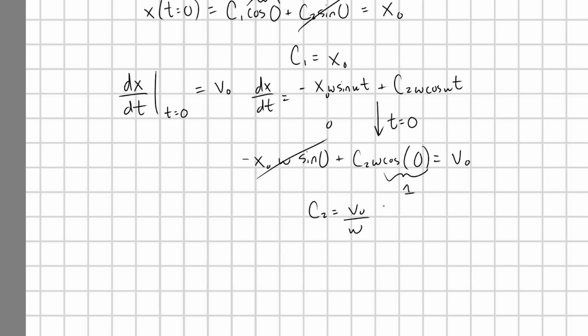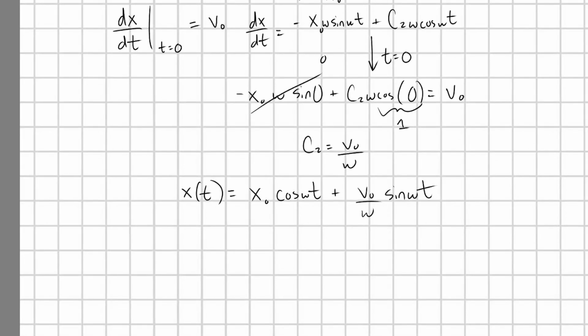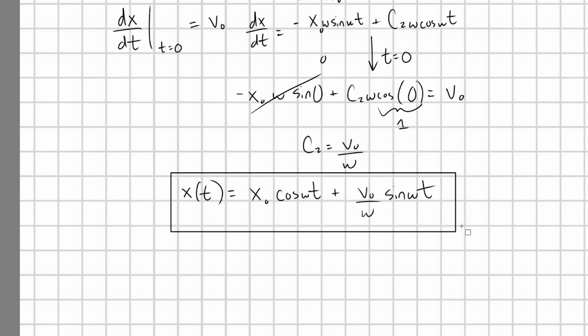And finally, we can write out our final solution. x as a function of t equals x naught cosine omega t plus v naught over omega sine omega t. And this is a complete solution to our problem.